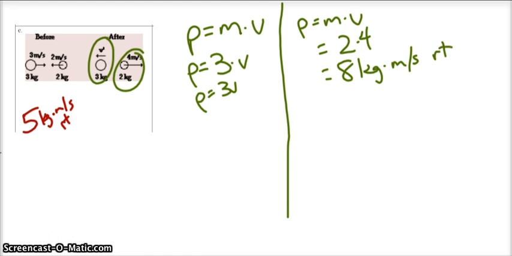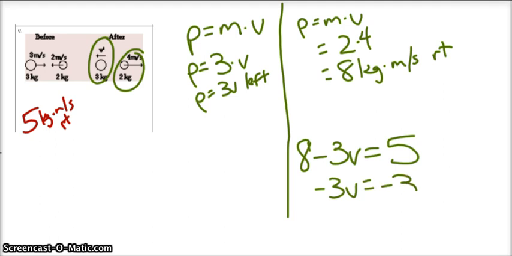This one is actually going left, so you're going to have to subtract it. So my combined momentum for these two would be 8 minus 3v. Since momentum is conserved, 8 minus 3v has to equal 5. Get like terms on the same side, and you get negative 3v equals negative 3. So v is equal to 1 meter per second to the right, because that's our positive direction.